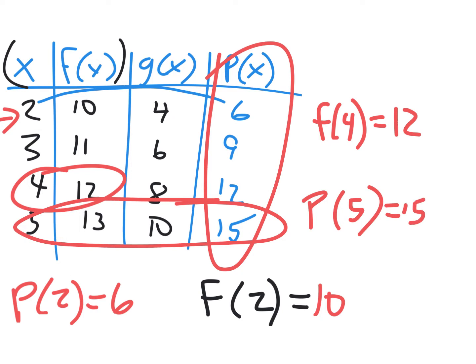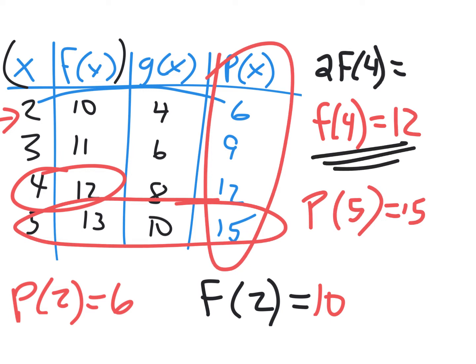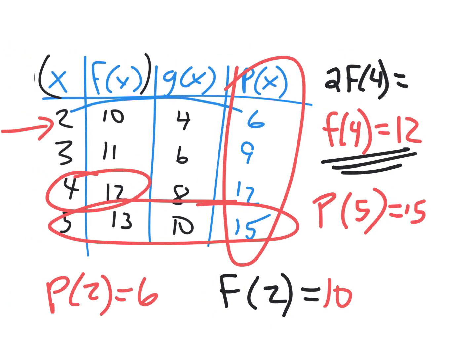All right. Now this last thing about the chart ones is, what if they say 2 times f of 4? Well, now that's just too complicated. I can't do it. Now, it's the same thing as this. What was f of 4 last time?